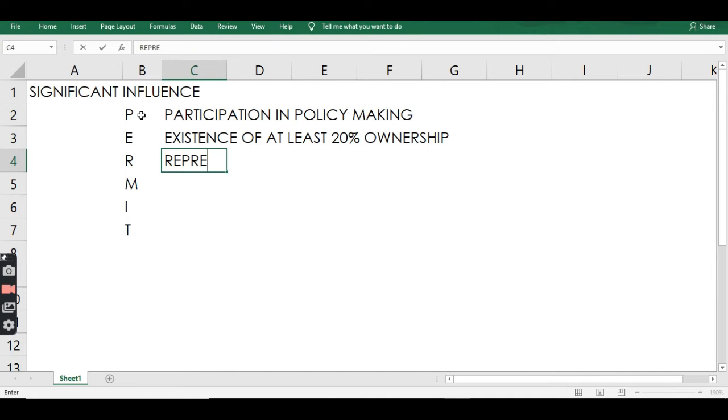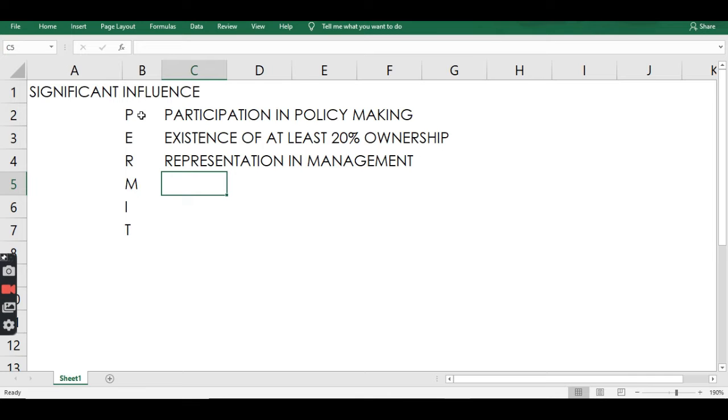Ano yung R? Representation in management na lang. Kasi kapag nilagay natin board of directors lang, limited lang tayo sa corporate setup. Just to clarify nga ulit, pag sinabi nating associate, pwedeng unincorporated entity yan.